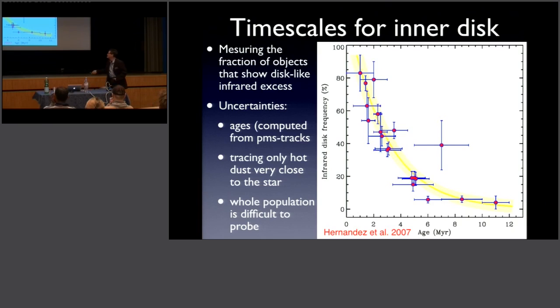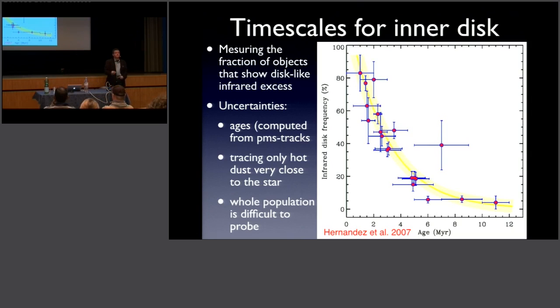You should know that this doesn't go to 100%, there is always 10-15% in any star-forming region of objects that do not have a disk, okay? And the reason for this can be many. One of the simplest ways of looking at it is that you may have a variety of processes that destroy the disk very early on.